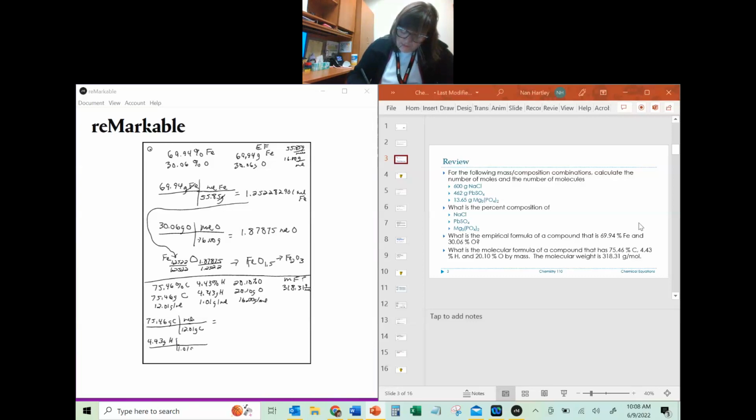And that's grams per mole of H. And then there will be one more calculation that I can kind of sort of squish in here. I have 20.10 grams of oxygen. Divide that by the 16 grams per mole of O. And that'll give me number of moles for that.